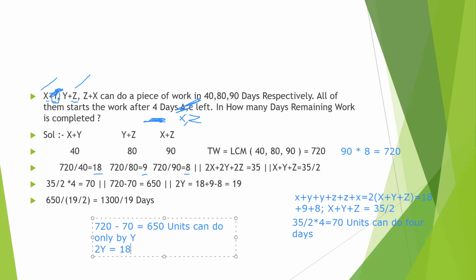So 18 plus 9, subtract x plus z, where y is not there, which is 8 units. So we get 18 plus 9 is 27, 27 minus 8 is 19.